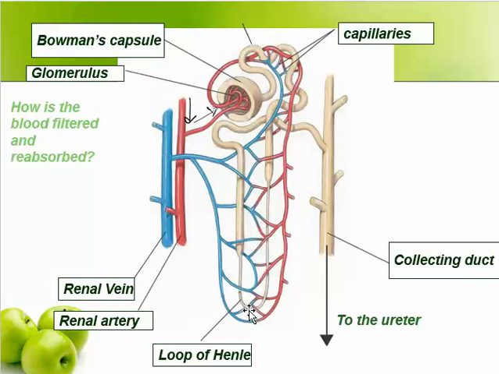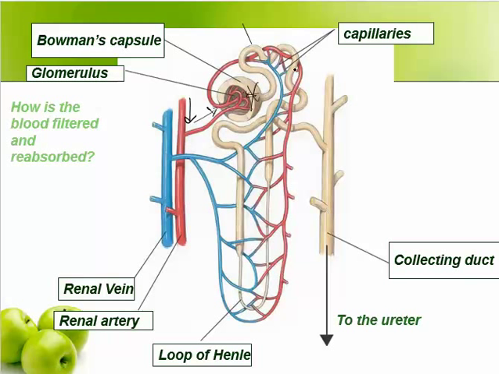At the bottom there you have the loop of Henle. If you look closely at this picture, the nephron is actually one long tube. It starts here, where I'll just put the X, and if you follow it all the way around, it ends with the collecting duct.